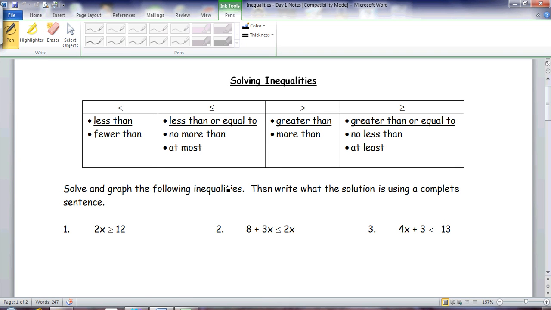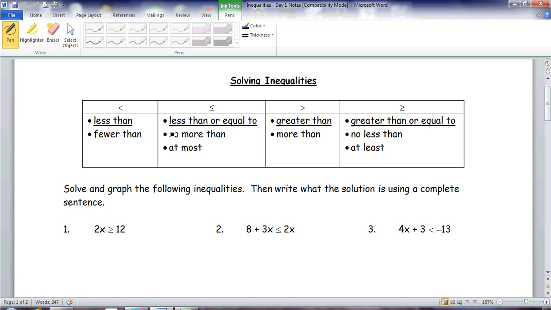Hello, today we're going to look at solving inequalities, and the first thing we need to do is look at the vocabulary that is involved and the symbols. When you see this symbol, many of you are already familiar with that. It means less than. We can also see it represented in spoken or written form as fewer than.